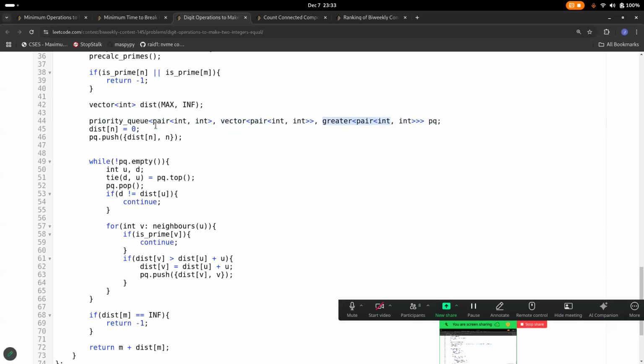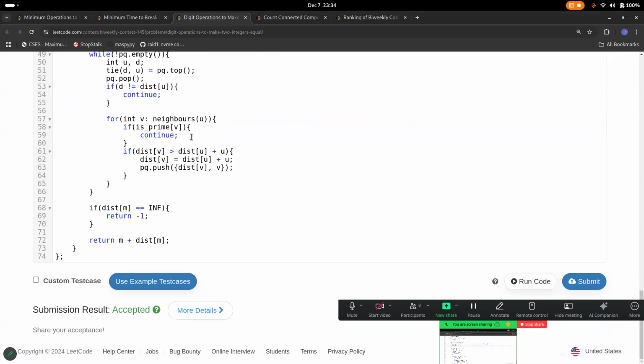Greater is basically the comparator. Pair of int is the type that the priority queue is storing, vector of pair of int is the data type we want to use, and greater of pair of int is the comparator that we need to use. When we give this greater comparator, this priority queue is converted to a min priority queue. And initially we push the starting node, that is n, and the distance of n, which is 0, into this priority queue.